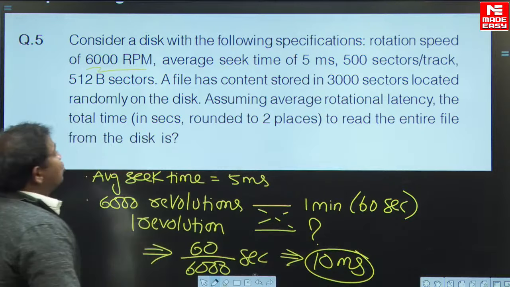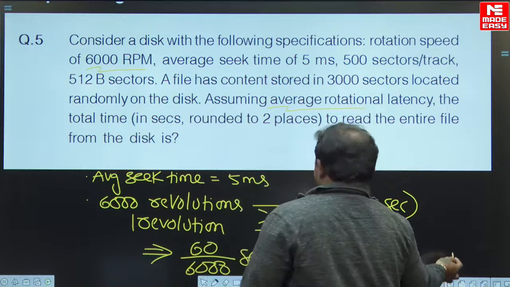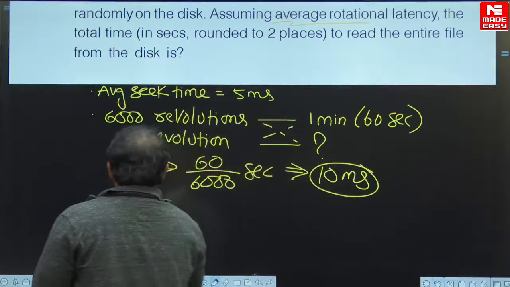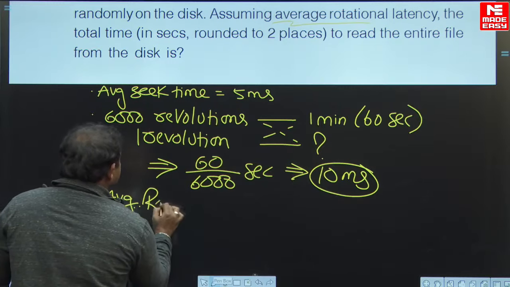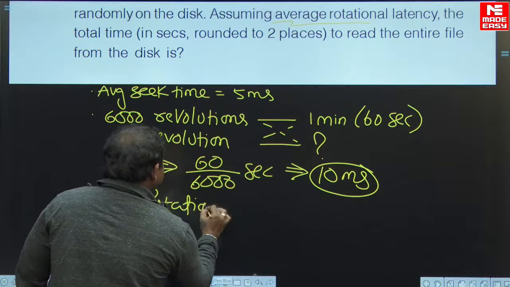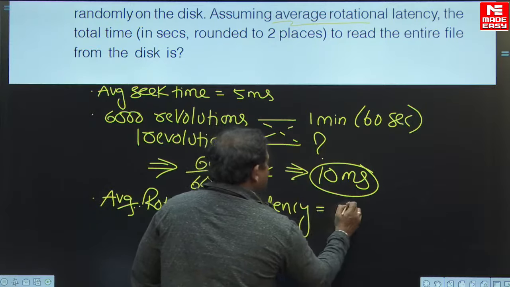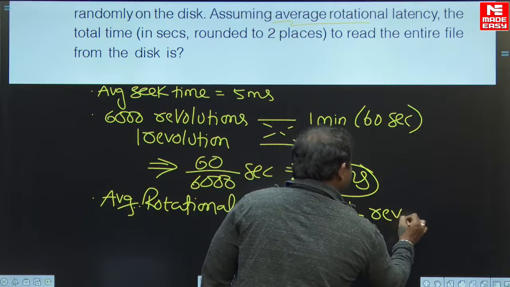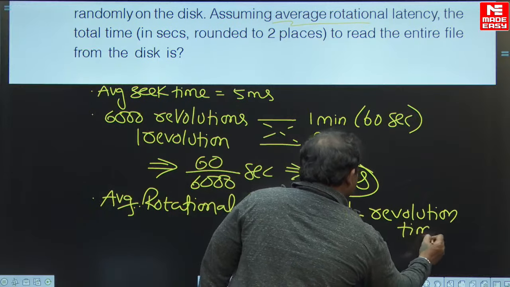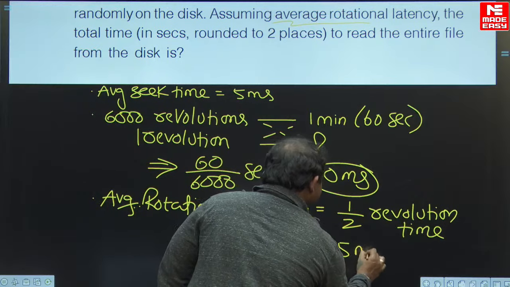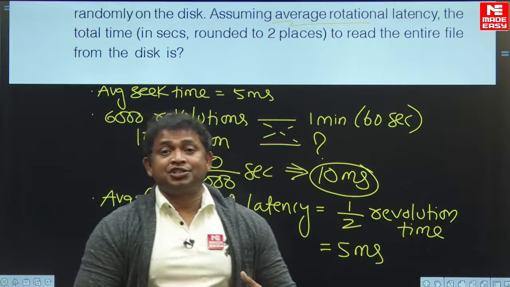Fine. In the question it is clearly mentioned that average rotational latency is equal to half of the revolution time, right? One by 2 of the revolution time. This becomes 5 milliseconds. Is it clear? Right. First the average seek time, then the average rotational time.